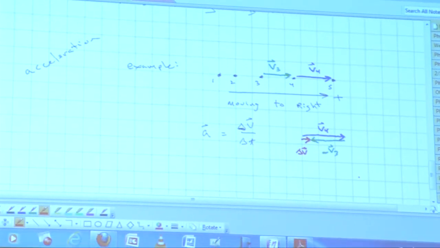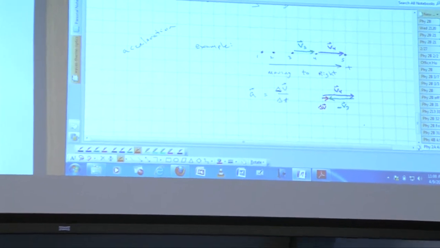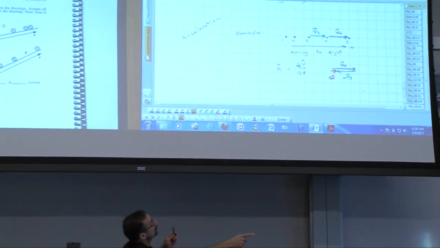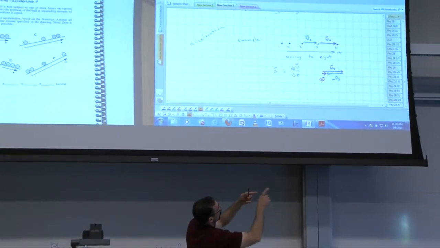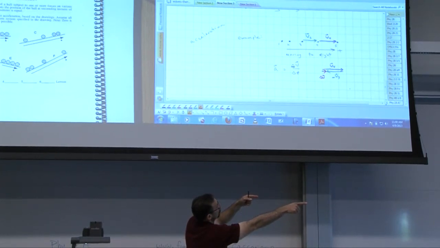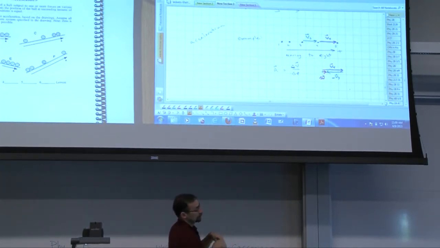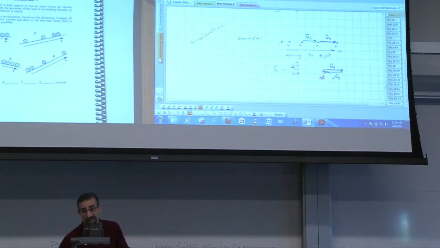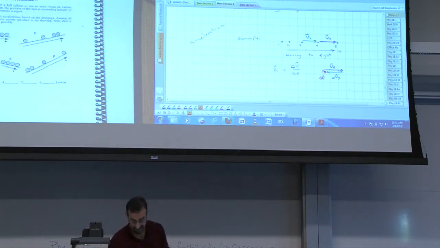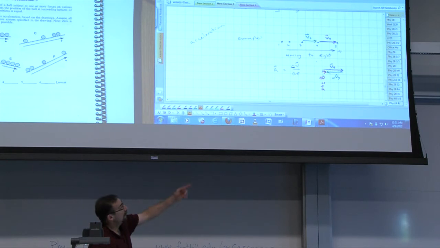Final velocity minus the initial velocity. In this case, the final velocity is bigger. So when we subtract the initial velocity, we still have a vector pointing to the right. That little red vector there is pointing to the right. Okay? So the acceleration is pointing to the right, and we said to the right is our positive direction.